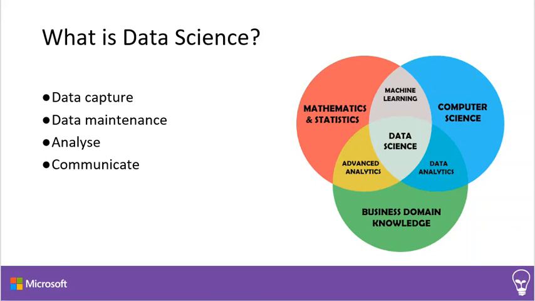Business domain knowledge is also very important because, in the end, what we want to do is recommend business changes and help drive business decisions. And if we don't know what the business is about, then it's very hard to make useful recommendations. So it's pretty crucial to have some knowledge of the business domain as part of the whole data science process.